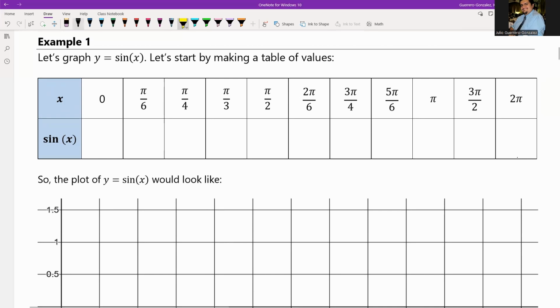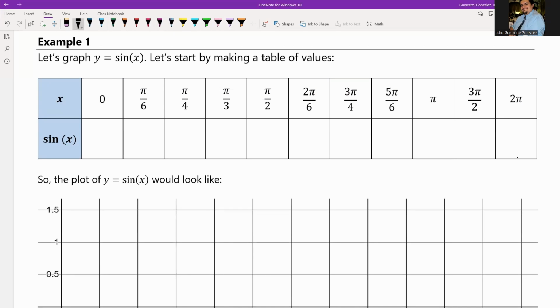So, when x is 0, notice what the x is here. I'm plugging in inside of sine, and notice that all of these are angles, and they are in radian measure. Just like I said, you've got to start getting comfortable with it.